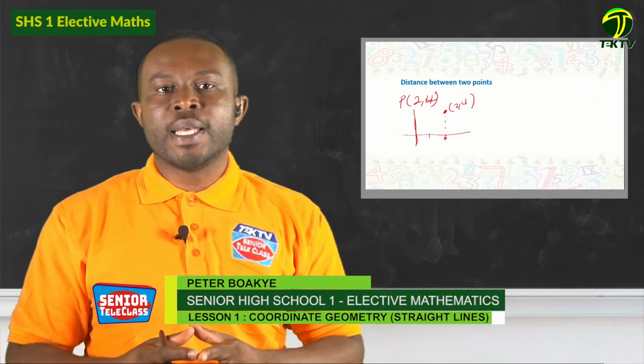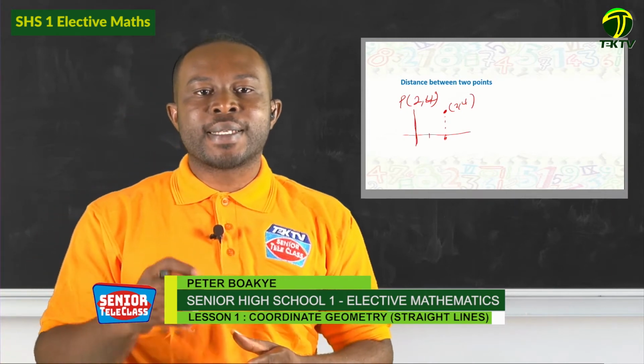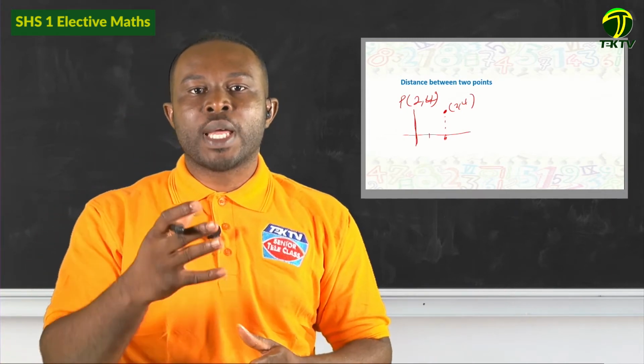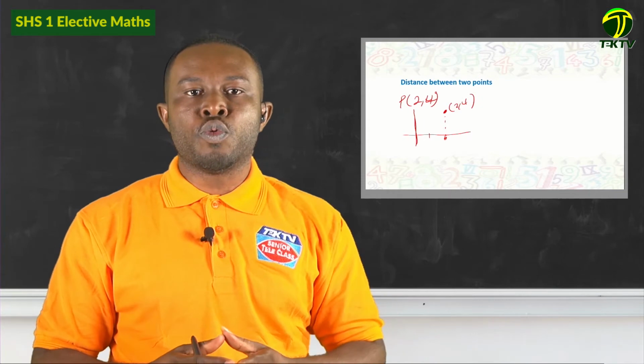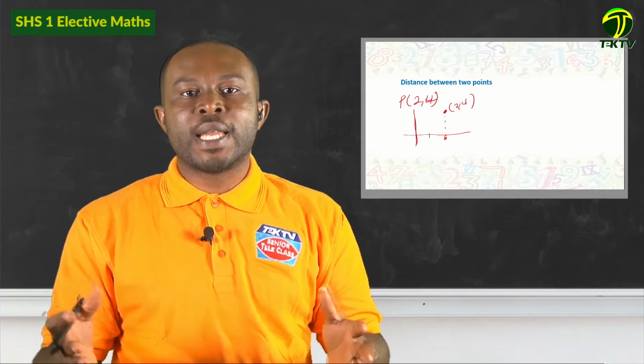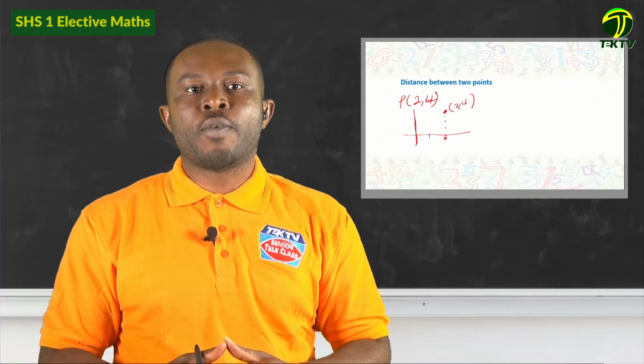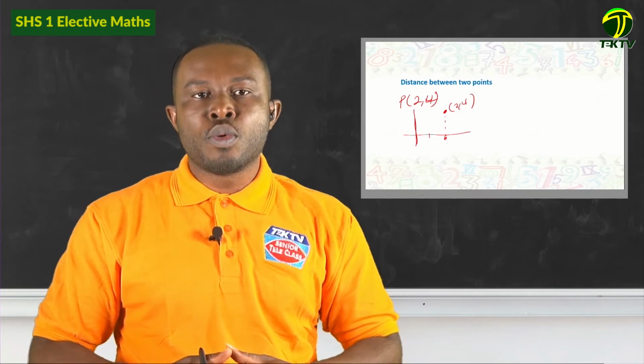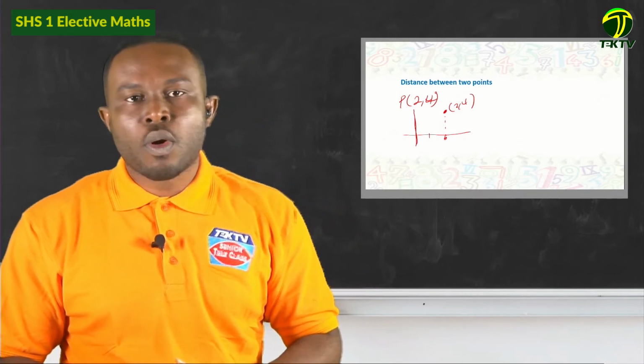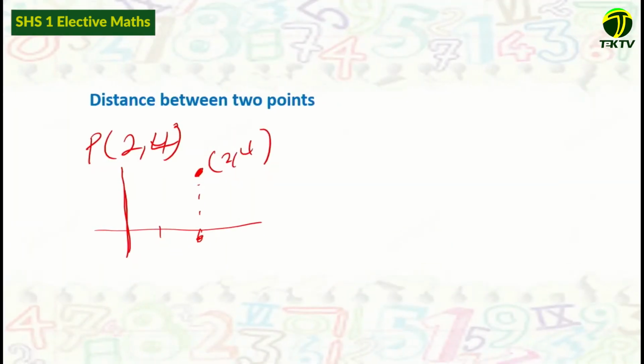Like I used to say, I believe in understanding the concept so that you can apply it anywhere you go. And so we shall all together develop or derive the formula for finding distances between 2 points. Let's consider a normal OXY plane like this. Every point has got 2 coordinates, the x coordinate and the y coordinate.